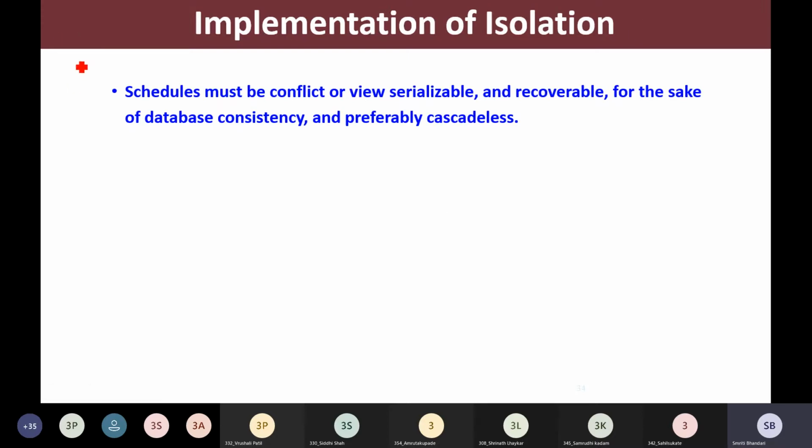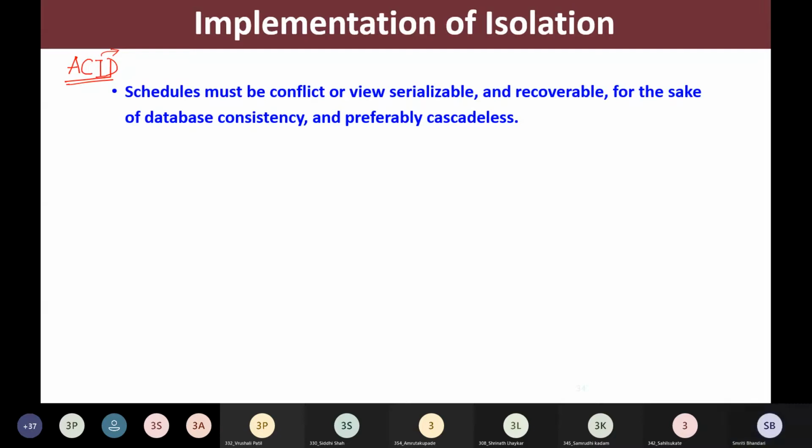And what are those properties? We stated every transaction must satisfy these 4 properties, the ACID properties: atomicity, consistency, isolation, and durability. And the concurrency control mechanisms basically deal with this isolation, right? So how to implement isolation, that we are going to study next.